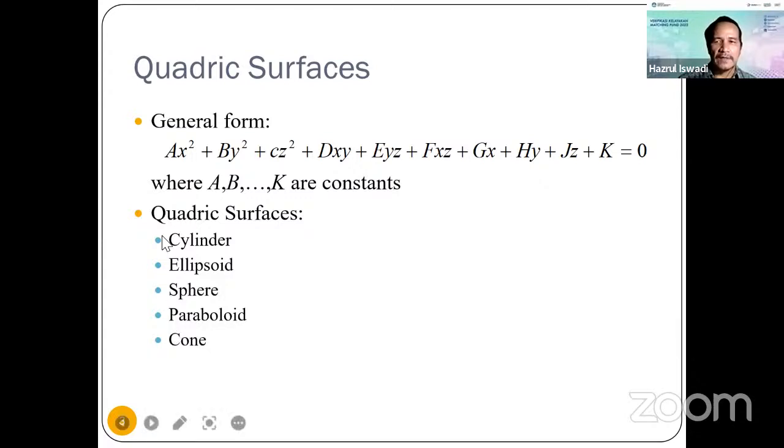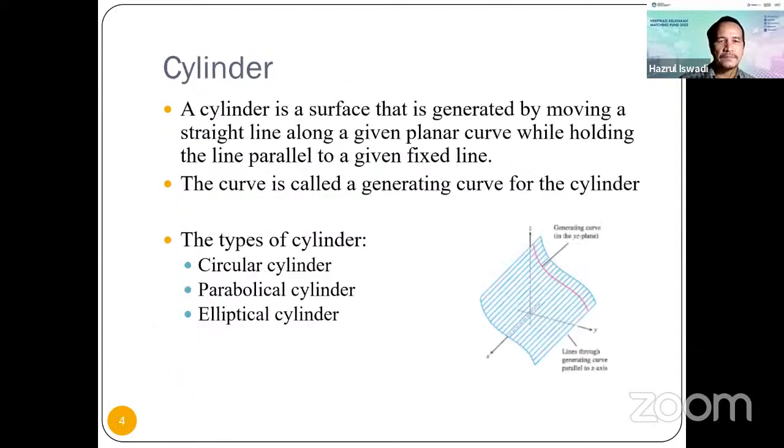And there are several kinds of quadric surface, for example cylinder, ellipsoid, sphere, paraboloid, and cone. We will talk about these kinds of quadric surface one by one.